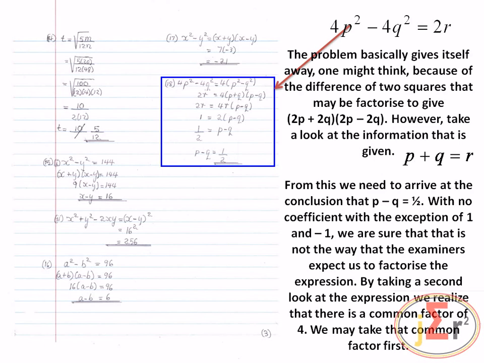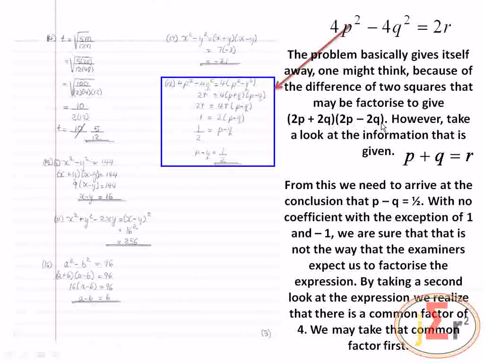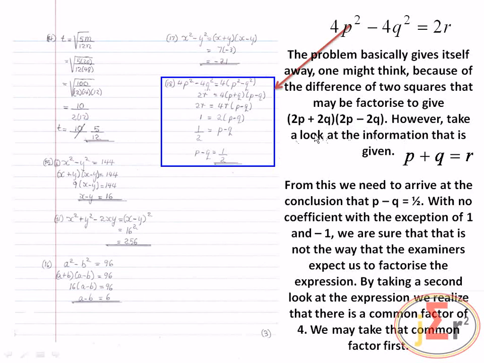We therefore imagine that these are not the factors that the examiners expect, because these factors have coefficients of 2 here and 1, 2 here and -2 there. But we are required to make use of factors that have coefficients only equal to 1 and -1.